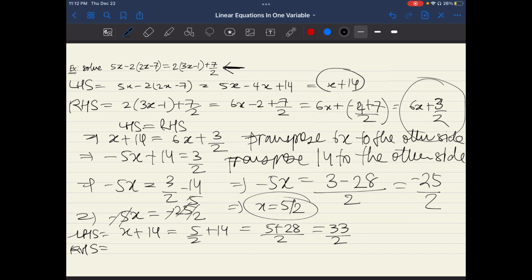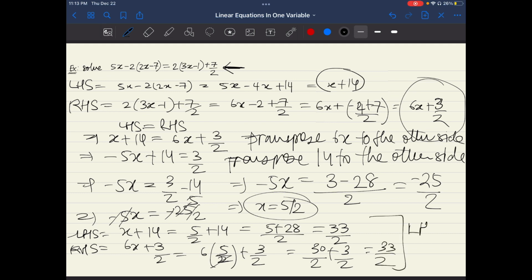And RHS is 6x plus 3 over 2. 6 times 5 over 2 plus 3 over 2, which is 30 over 2 plus 3 over 2, which is 33 over 2. We see that LHS is equal to RHS, therefore x equals 5 over 2 is the correct solution to the given equation.